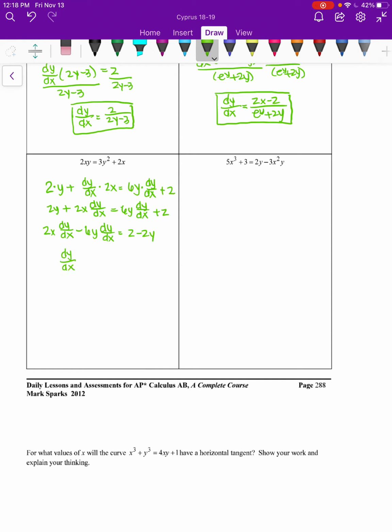Factor out dy/dx and divide both sides by 2x minus 6y. So we end up with dy/dx equal to 2 minus 2y over 2x minus 6y.